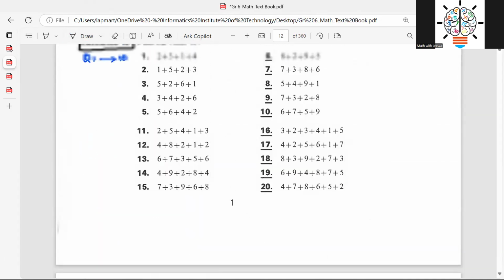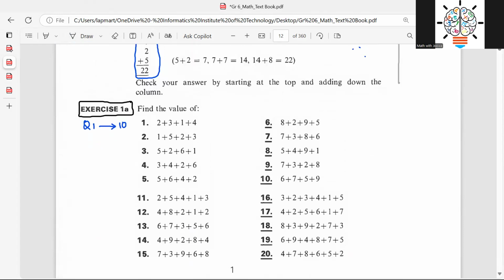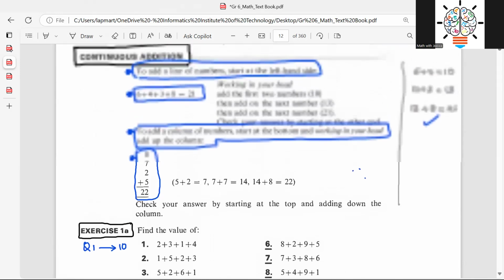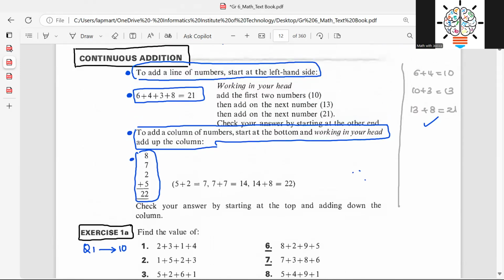Very easy. This is kind of a warm-up exercise where we just let the practice, train our brain to do the sums quickly. Nothing else. The only thing we want to keep in our mind: if it is a line, always start from the left side. If it is a column, start from the bottom.